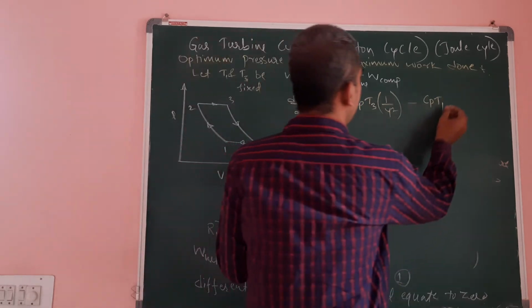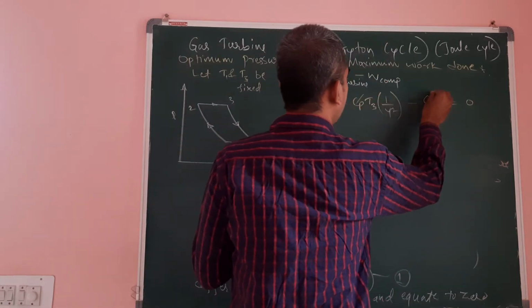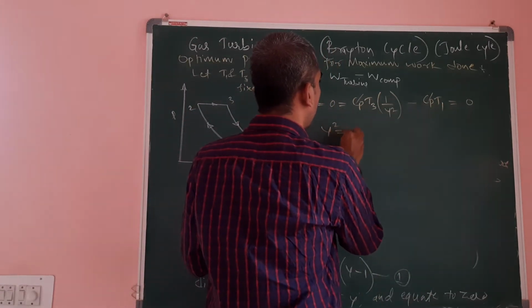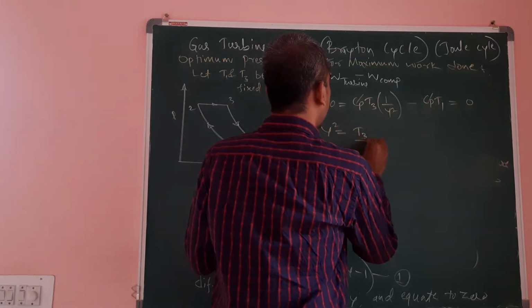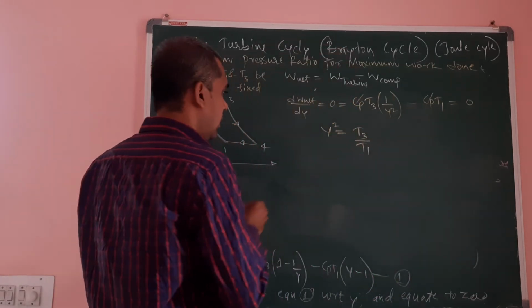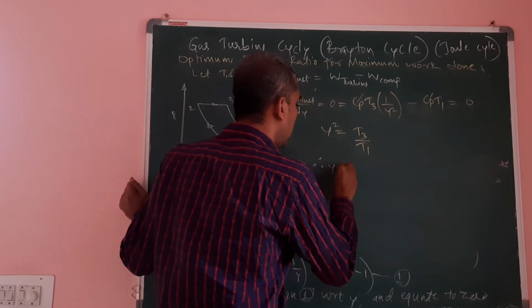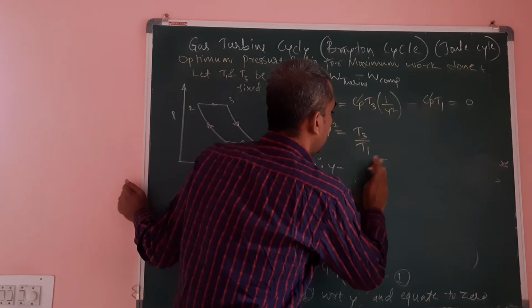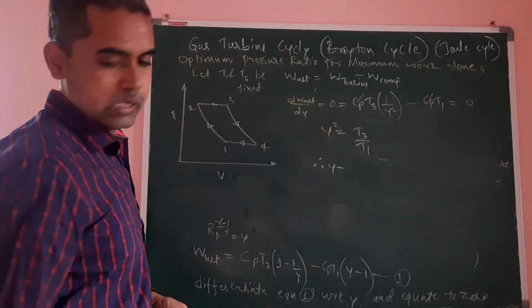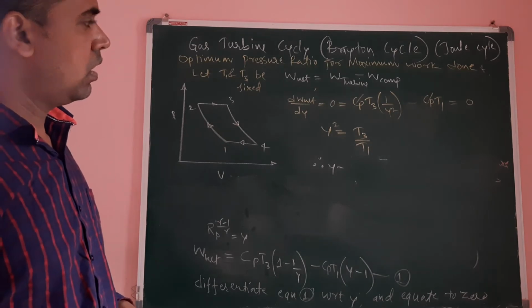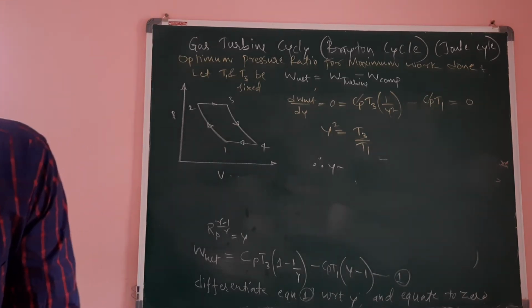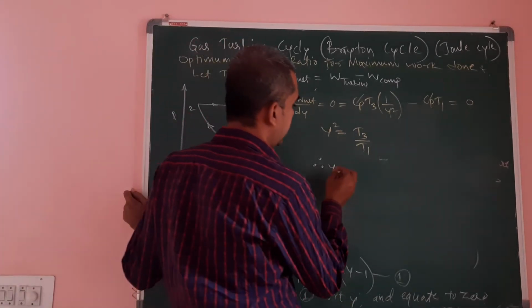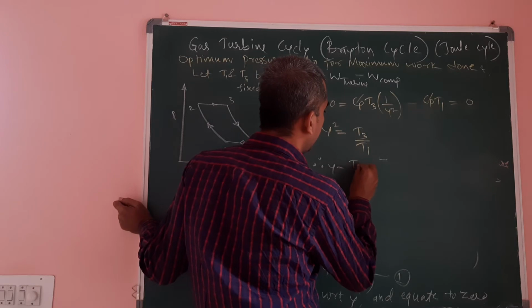It should be equated to 0. Therefore, this will cancel, and Y square will be equal to T3 by T1. Therefore, Y is equal to under root of T3 by T1.